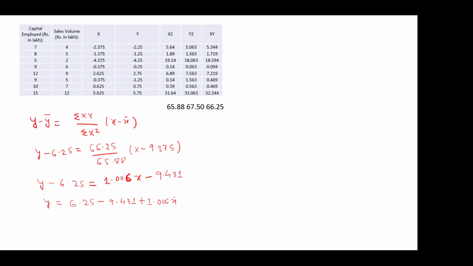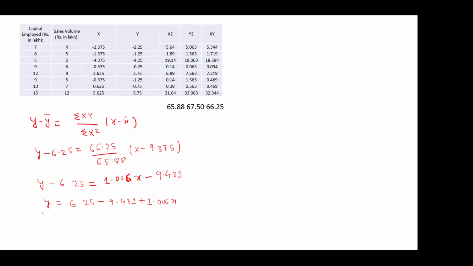Now just take the difference. 6.25 minus 9.431 is coming minus 3.181.